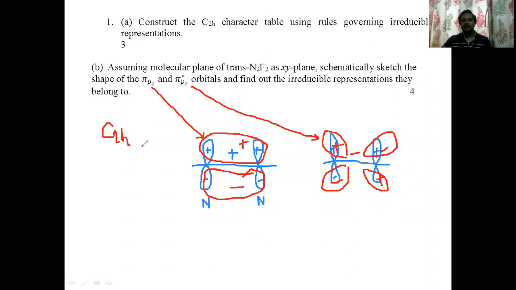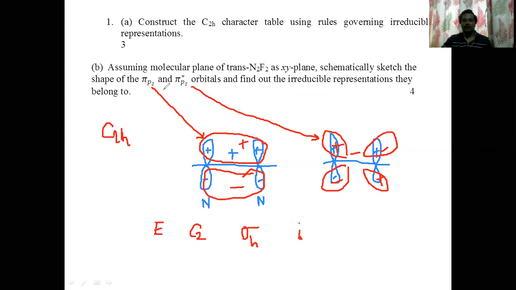Now for C2h, what are the operations I am going to have? Identity, C2, sigma h and inversion.